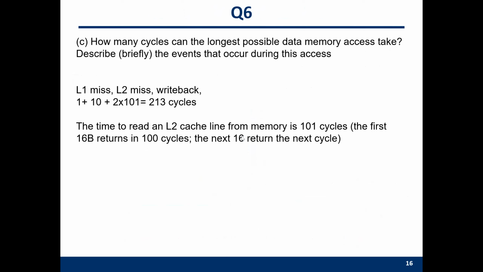Again, back to the longest memory access. You will access L1 in 1 cycle, and then the access latency for L2 is 10 cycles. Then the access to the main memory is 100 plus 1 cycles. Why do you need to add another 100?